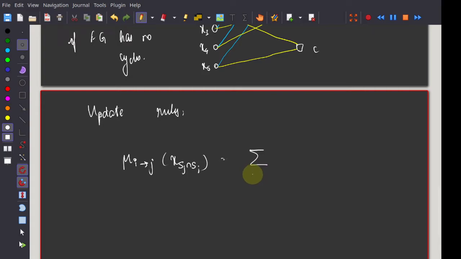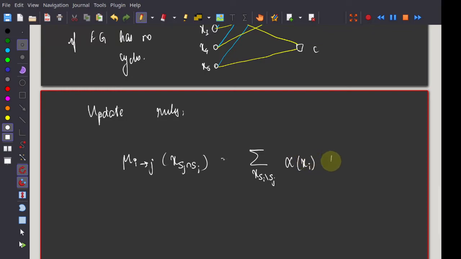So you first marginalize all the variables which are not contained in sj, of alpha of x, which will be x_si, okay?